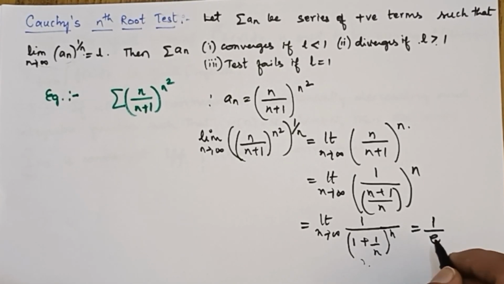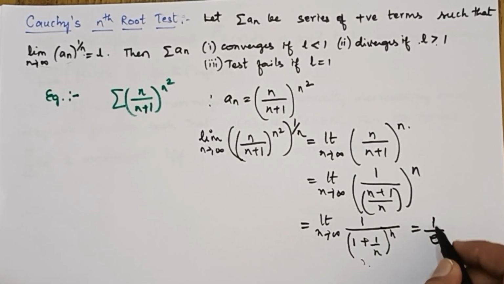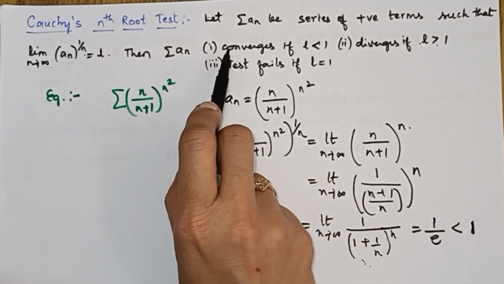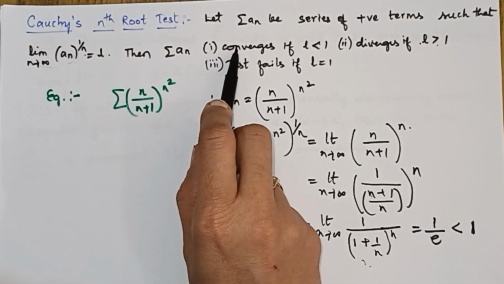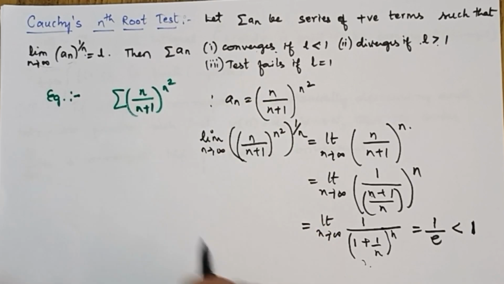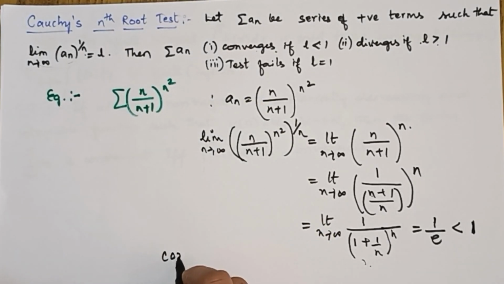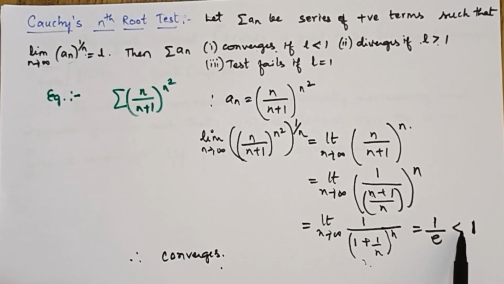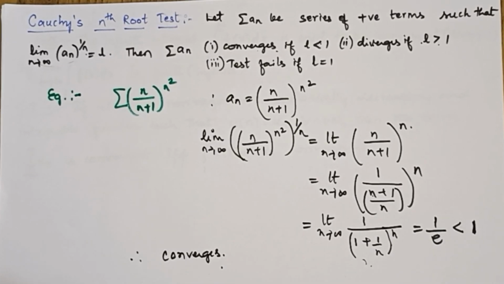The value of e is 2.6 something, so 1 by that value is clearly less than 1. Hence the test says the series will converge. Therefore, the given series converges because the value of L is less than 1. This is how we apply Cauchy's nth root test.